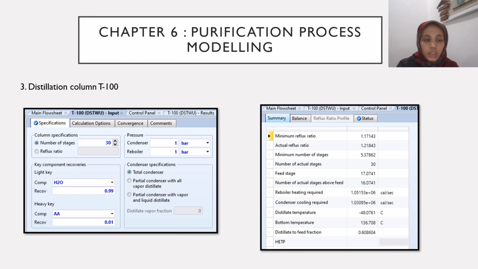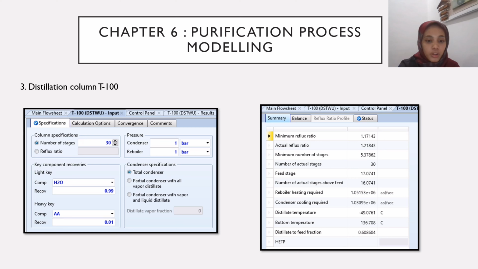In T100, water was set as the light key with 99% recovery, and acrylic acid was set as the heavy key with 1% recovery in the distillate stream. The pressure of both condenser and boiler was set at 1 bar, with 30 stages assumed as the initial guess. Then we will get the optimum number of stages, reflux ratio, and other necessary column operation parameters.